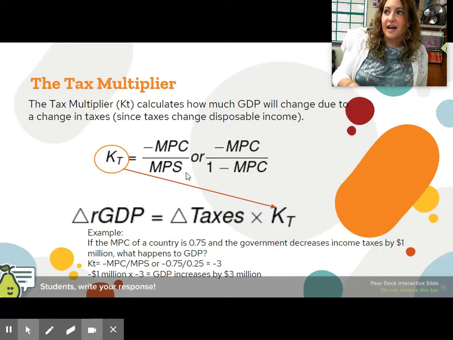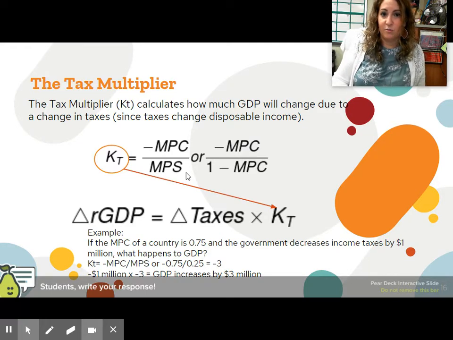The reason taxes would change spending is that taxes get taken out of our income. If they take more or less taxes from our income, that changes how much disposable income we have and how much money we can spend. If they take a big chunk out of my paycheck, I can't spend as much. Or if they take less money out of my paycheck in the form of taxes, I might have more money to spend. So taxes affect people's spending.